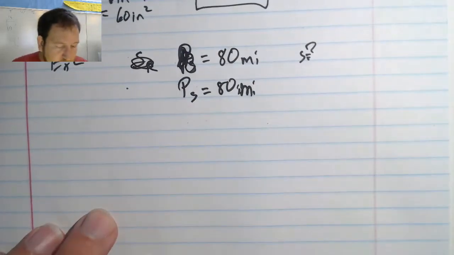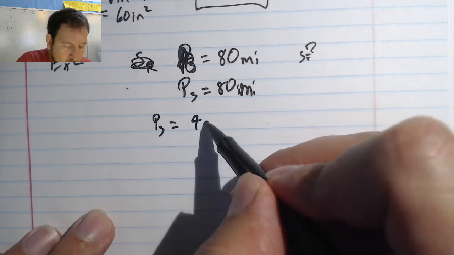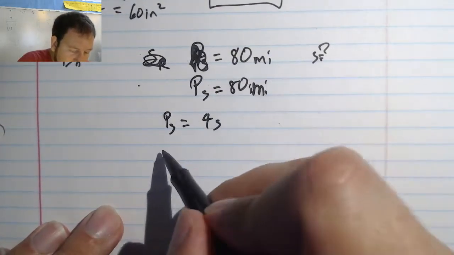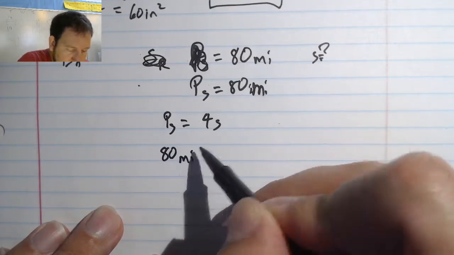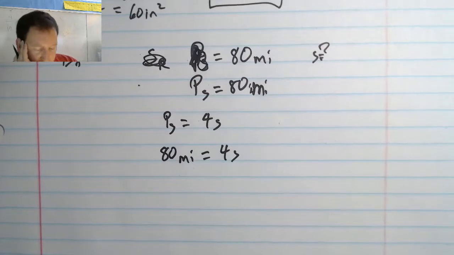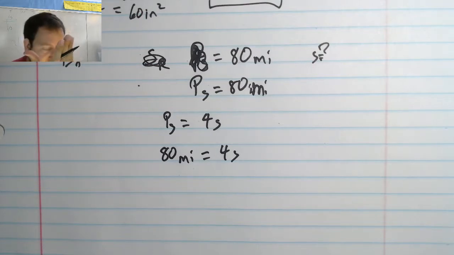Okay, the perimeter of a square formula, the perimeter of a square is equal to 4s. So I'm going to put in the parts that I know. My perimeter of a square is equal to 80 miles equals 4s. Okay, so I need to then ask myself, what times 4 is equal to 80? Or I can even divide 80 by 4 to see what I get.